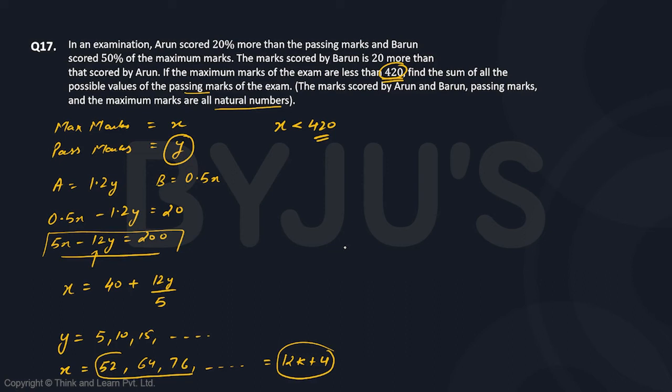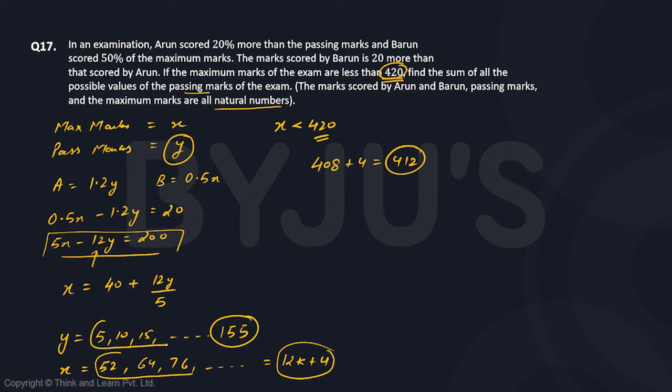So we just have to find out this value. 420 is a multiple of 12, but if I add 4, it will become 424, so not qualified. So look at just one multiple before 420. 420 minus 12 is 408, and then plus 4, 412 will be the last value, the maximum value of x. So the values of x will go up till 412, and correspondingly we can find out the value of y. If I put x as 412, you will get the value of y, and that will come out to be 155.